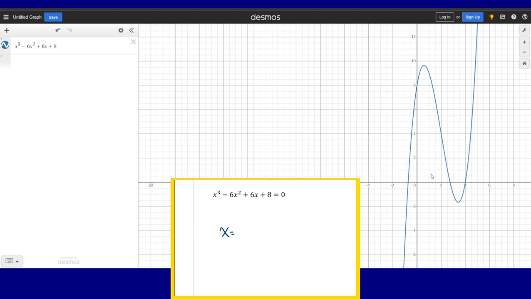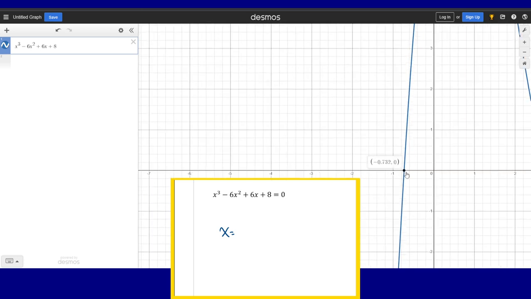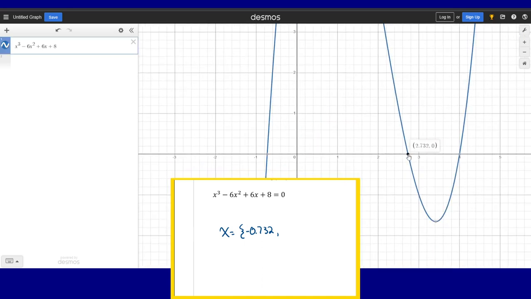Again, I can't factor this, but what I can do is zoom in and click and see, okay, the first one, and let me zoom in a bit more. I don't know if it'll get any bigger. No. So the first one is -0.732. That's my first solution. Move over and I see I have two more.